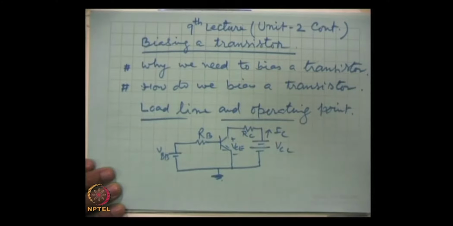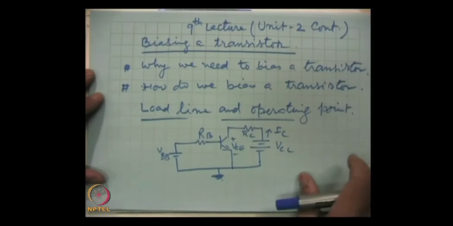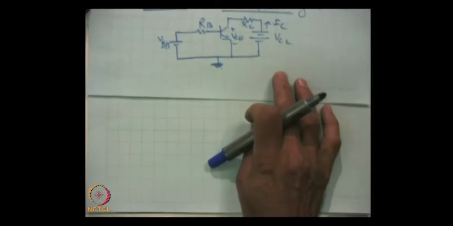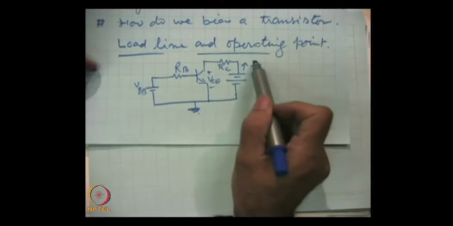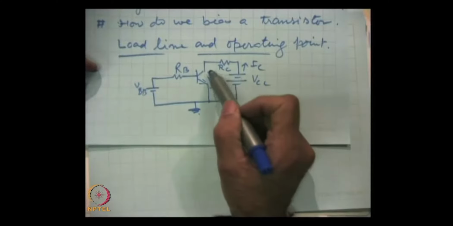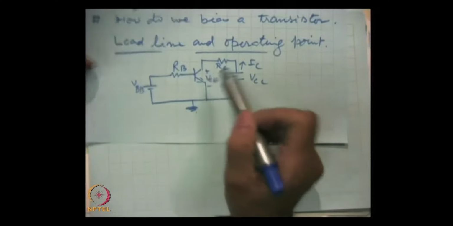Let us consider this circuit and apply Kirchhoff's voltage law to the collector circuit. Then we will see that we can write VCC equal to RC into IC and this voltage VCE.